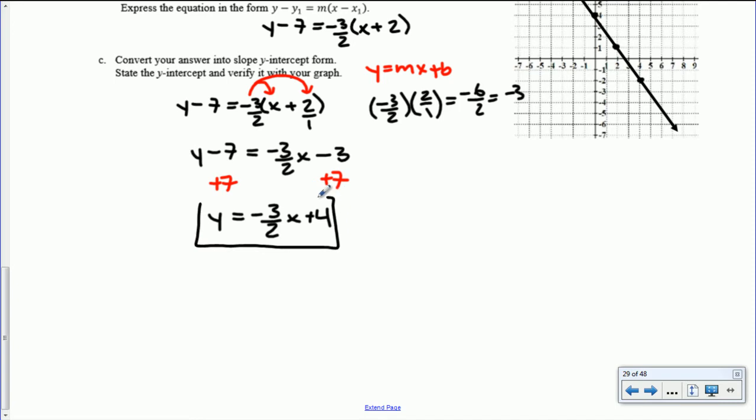So based on this, the y-intercept is at 4, which you can see is good. So that's (0, 4). That's what we needed it to be. And the slope is -3/2. So that's good. So state the y-intercept is equal to 4 and verified with the graph.